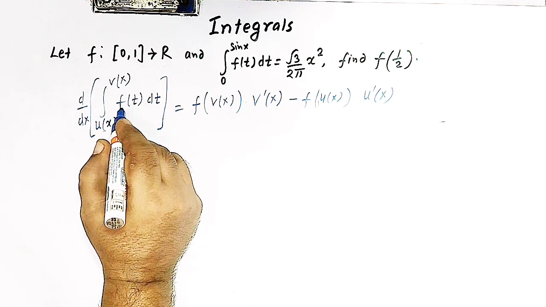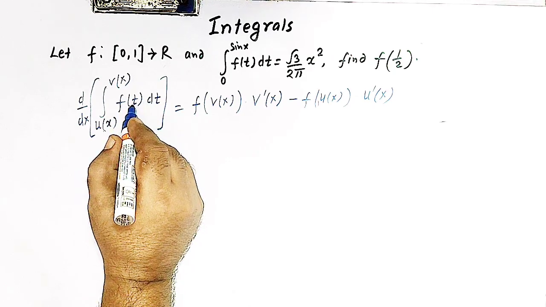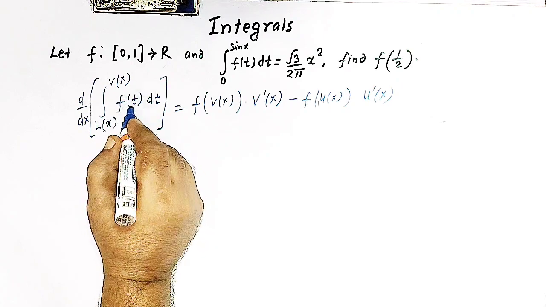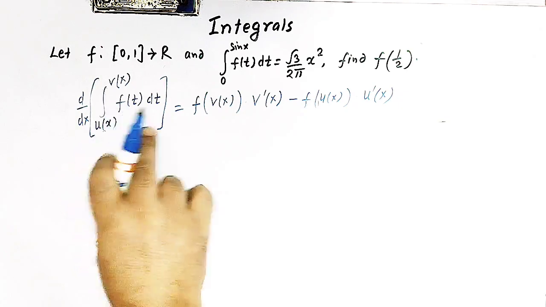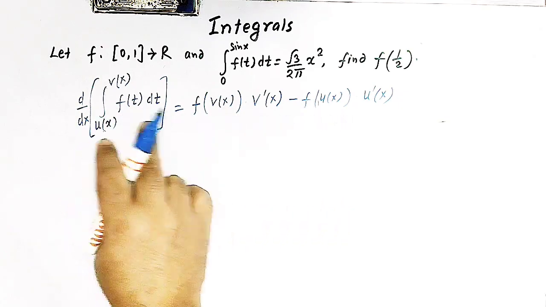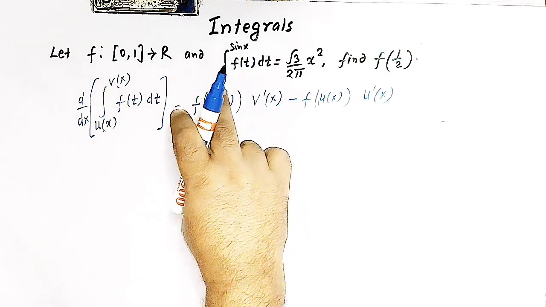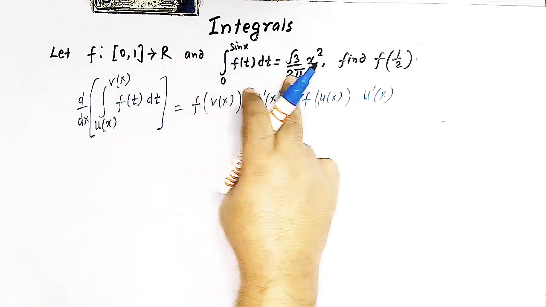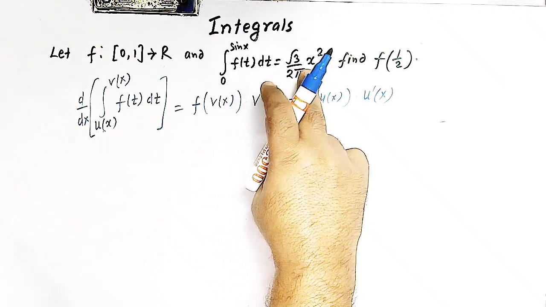So when we have a function f which is a function of only t, right? So here we are considering this function f of t only, right? So then this Leibniz integral rule goes like this, right? So here we are given this integral, that is 0 to sine x f of t dt, and here we have square root of 3 over 2 pi x square.